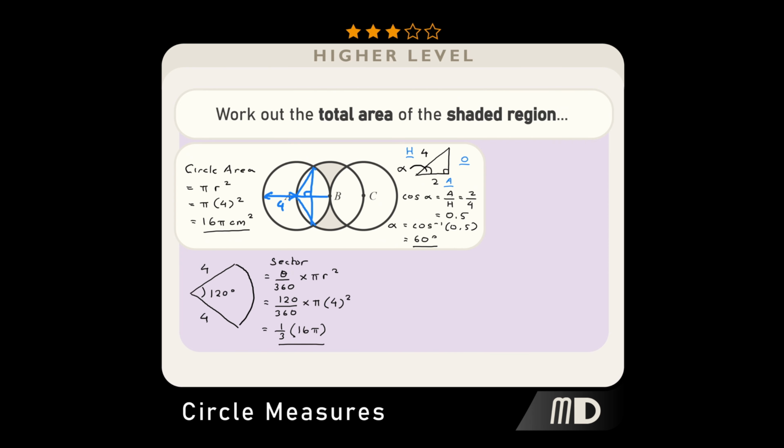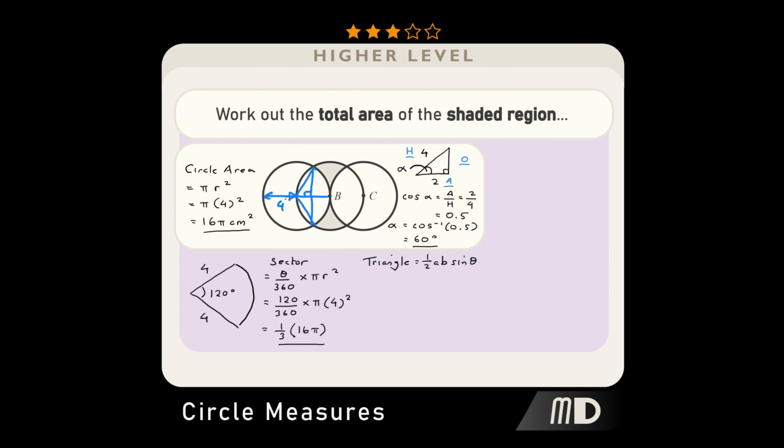We can find its area, which is given by the formula 1/2 of the product of A and B multiplied by the sine of theta, where A and B are the two sides of equal length, and theta is the size of the angle between them.